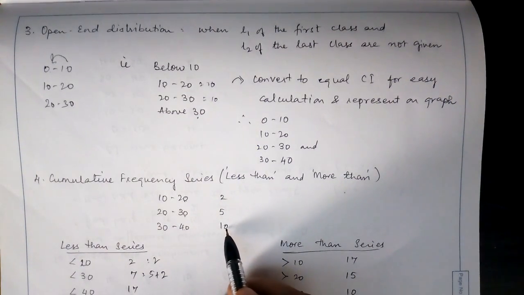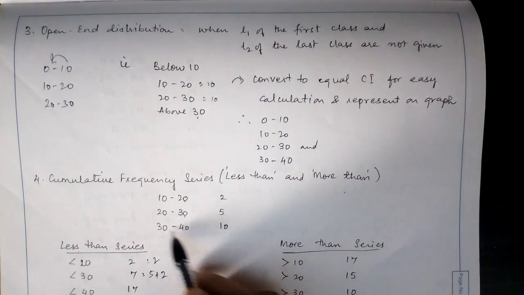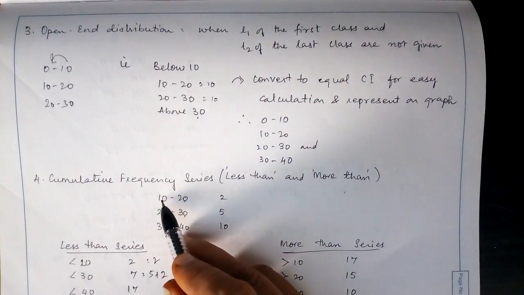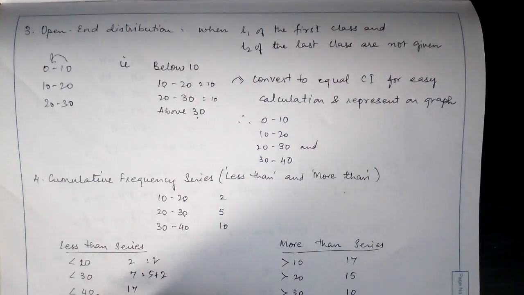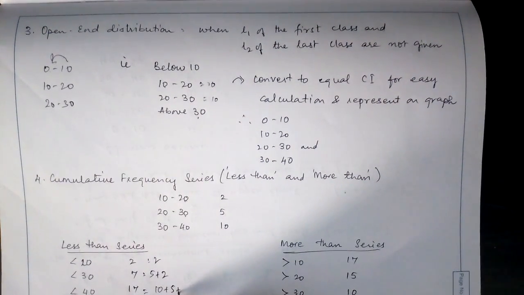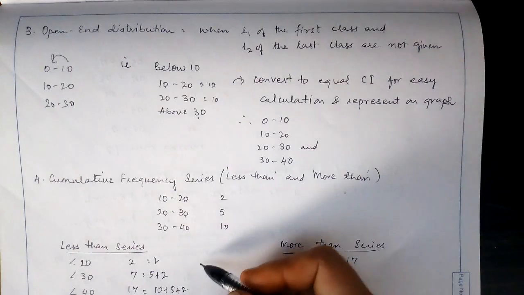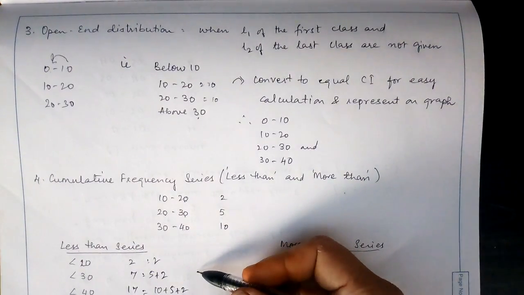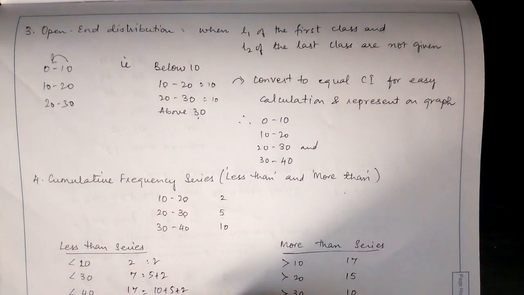This is 30 to 40. And less than 40 are all the observations from 10 to 40. So less than 40 will be a sum of 10 plus 5 plus 2, which gives us 17. If you have more class intervals, just add them up and you get the less than series.